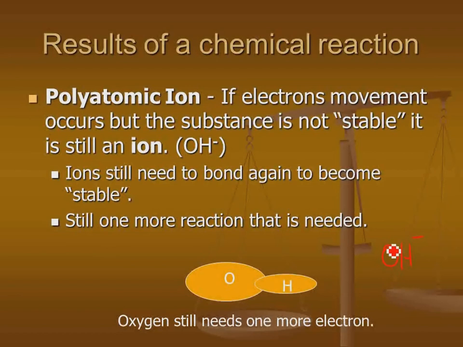And an example of what might happen is something like sodium would come along, give up its electron, so the hydroxide ion becomes stable, and then the whole compound becomes stable. Sodium hydroxide. Neutral, stable, everybody's got the requisite number of electrons in their outermost shell, everybody's happy. Okay? But the polyatomic ion waiting for that to happen is neither stable nor neutral.